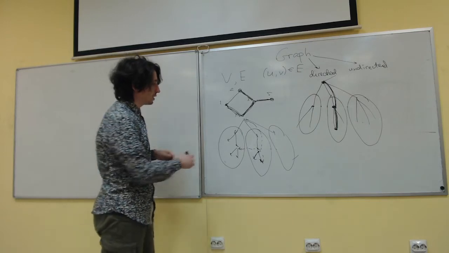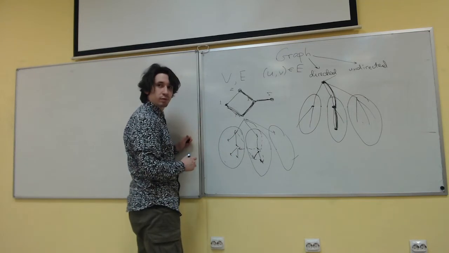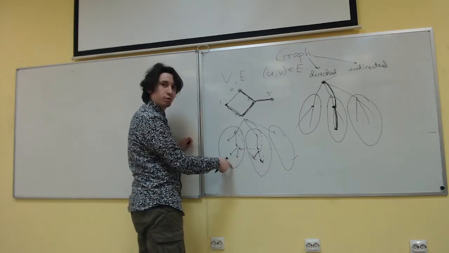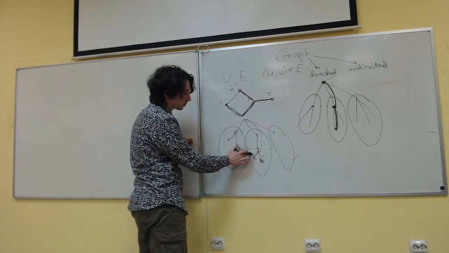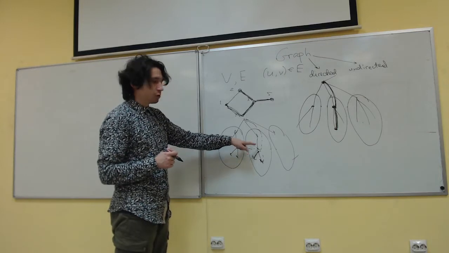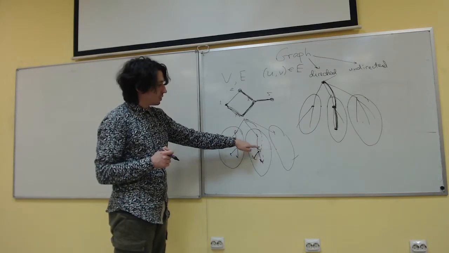If it created a cycle, then this vertex should be in this subtree, so it is impossible. Again, in the directed graph, the cycle can exist only if there is an edge going to some parent.